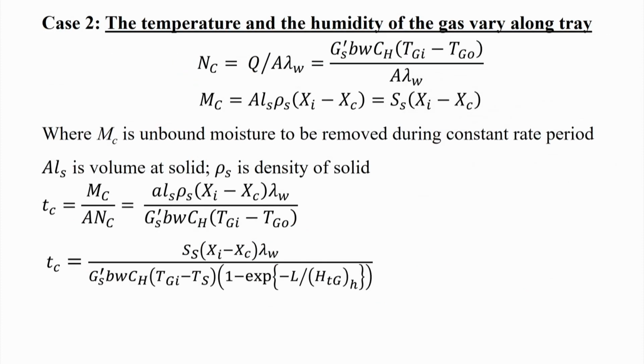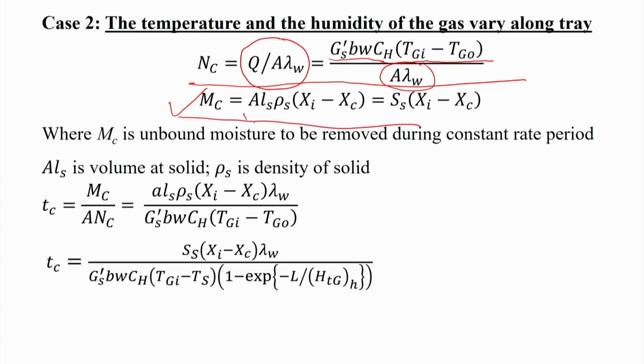Then we will be calculating the rate of drying in the constant drying rate period, that is Q by A into lambda W. Whatever Q we have got, that is Gs prime into B into W into Ch into (TGI minus TG out) by A into lambda W. The amount of unbound moisture that is removed during the constant drying rate period, MC, will be A into Ls into rho S into (Xi minus Xc).